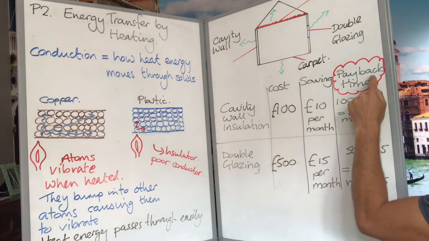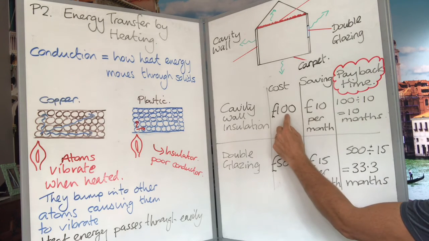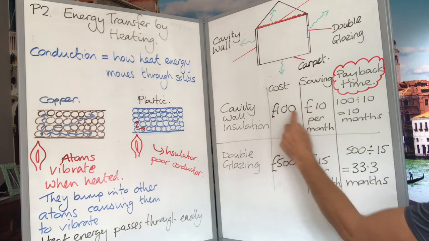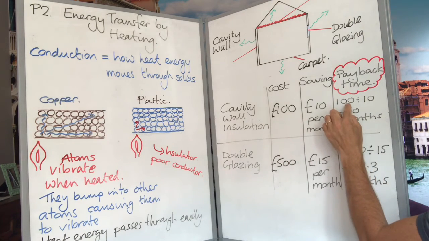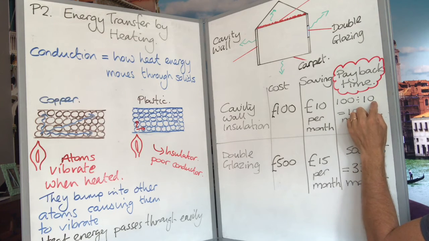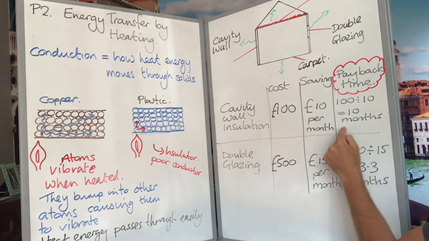However, the payback time is how long it takes for the original cost to be paid back from the savings we make. And we do that by taking the cost and dividing it by the savings. So here 100 divided by 10 is 10 months.